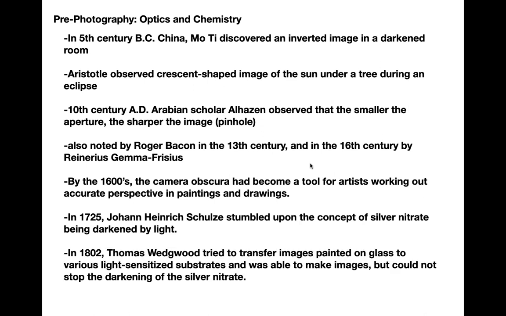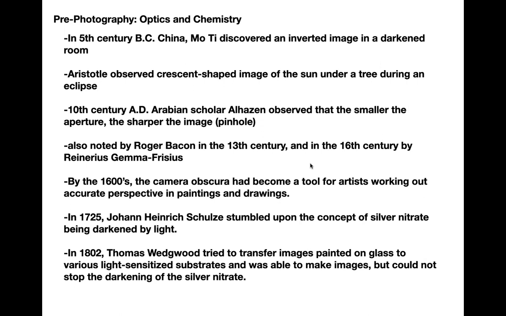So in 1802, Thomas Wedgwood tried to transfer images painted on glass to various light-sensitized substrates. He worked in pottery and things like that, and he's applying different kinds of light-sensitive chemicals to these, trying to make images. And he was able to make some, but he couldn't stop them from darkening.